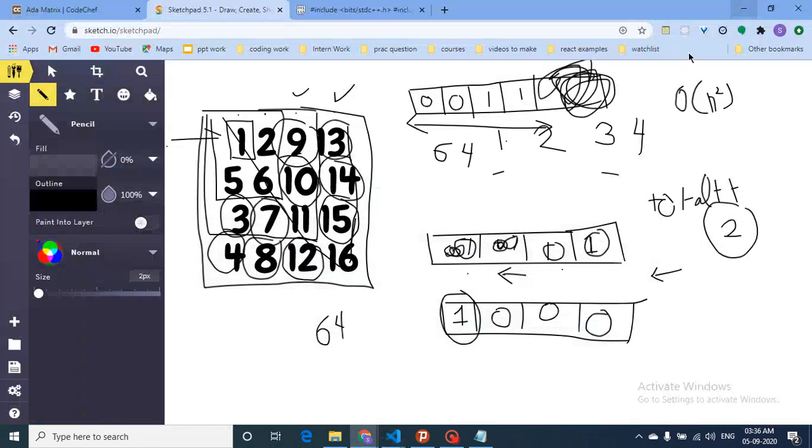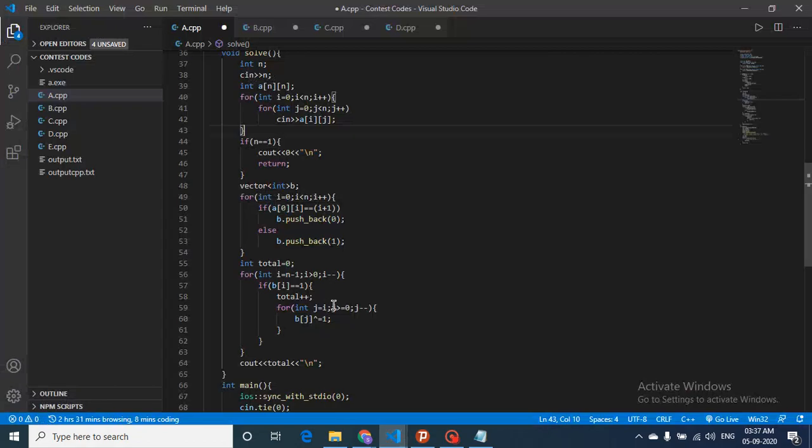What we are actually doing is iterating over the first row, and storing whether this particular value is fine or not, whether we have to invert this bit or not. If this value is fine, then we insert a 0, which means that we don't have to invert a bit. But if it's not good, we push back 1. That's what we are doing here.